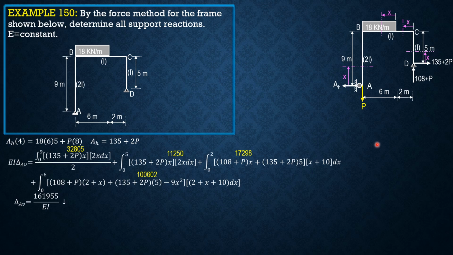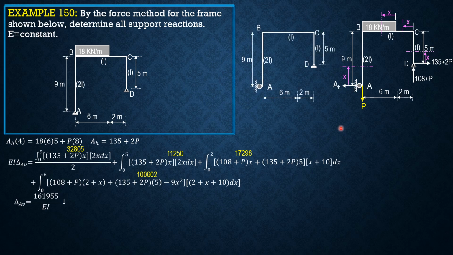Next, for the second part, P is 1 to solve for the vertical displacement at A due to the unit displacement, and let's just assume downward displacement, and we remove the loads, and that value is FAA. So we have 1 here, which is P is 1.